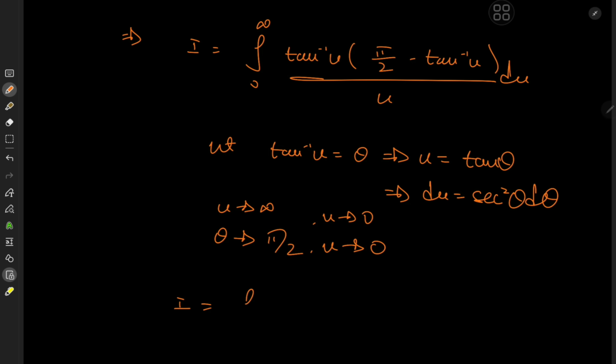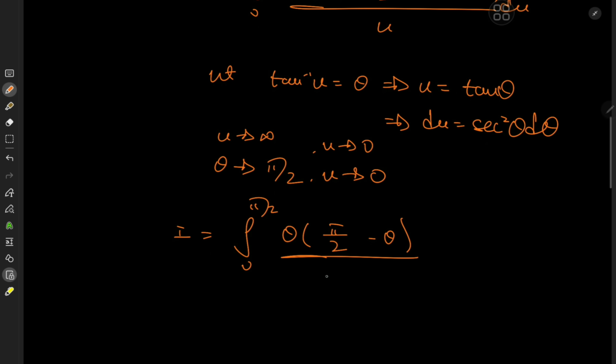So I is now the integral from 0 to pi over 2 of arctangent u, which is now theta, times pi over 2 minus theta over tangent theta times secant square theta d theta. And of course we could modify this a little bit, because secant square is just 1 over cosine square. So there's tangent, there's cosine square, theta, d theta.